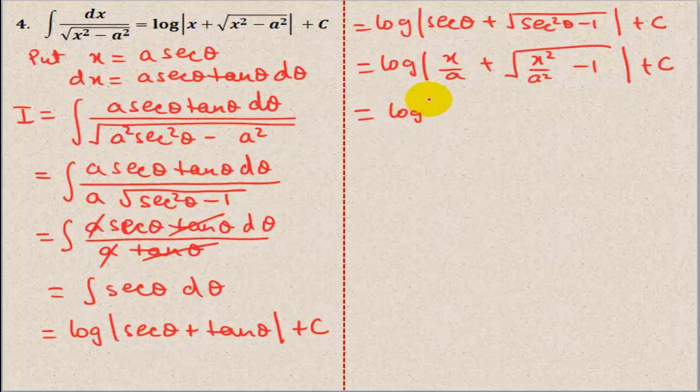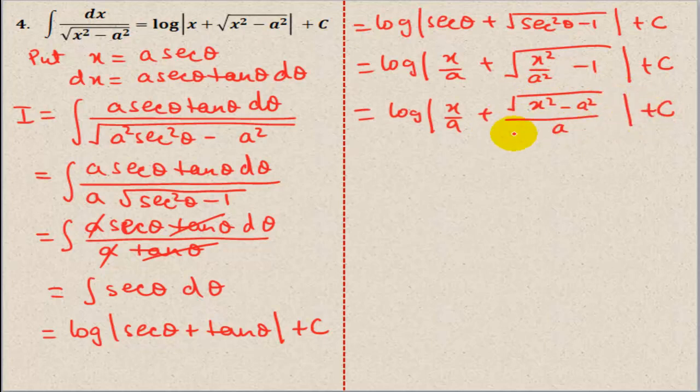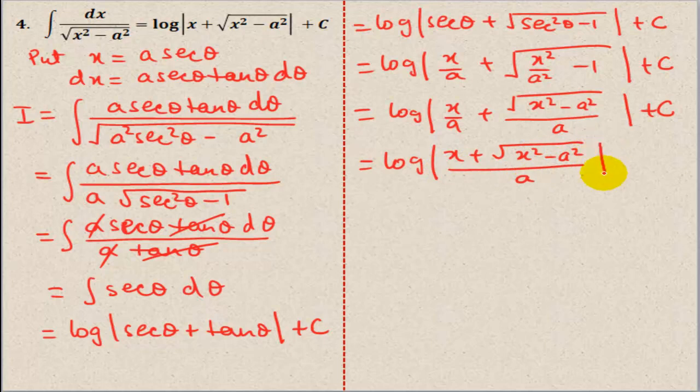Now if the LCM is taken in the latter part, you will see it will be square root of x square minus a square divided by square root of a square, which can be written as a. Now both the terms have a common denominator, which is a, so we can write it as log modulus of x plus square root of x square minus a square, this divided by a, plus constant of integration.